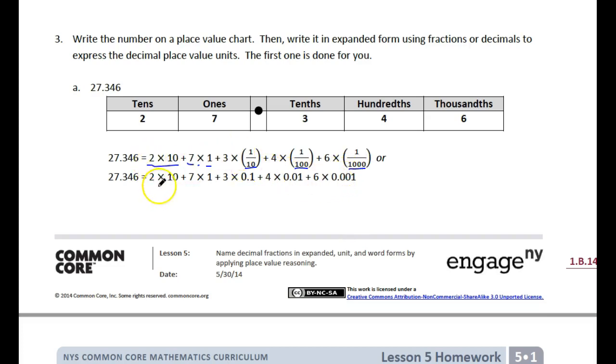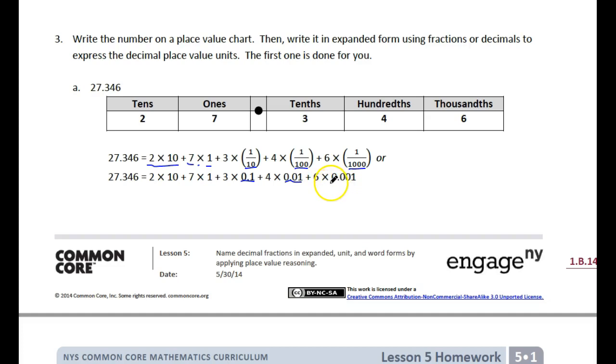Another way, if you look right here, it looks the same. 2 times 10, 7 times 1. Oh, but then it changes after the decimal. You could say 1/10 this way, or just like you read them out loud the same, you could say 1/10 that way. 1/100th, or you read it the same way, 1/100th.